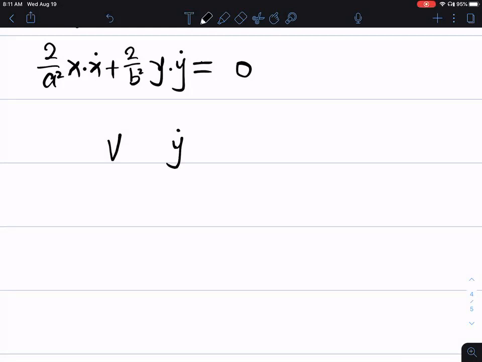Are they equal? If you think they're equal, raise your hand. If V is greater than y dot, raise your hand. Smaller than y dot, raise your hand. Okay, the answer is they are equal to each other. This is like the homework problem, question number 12.